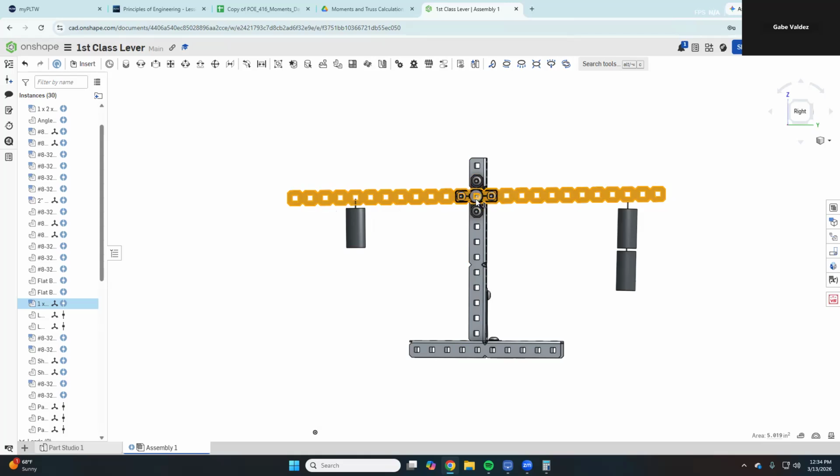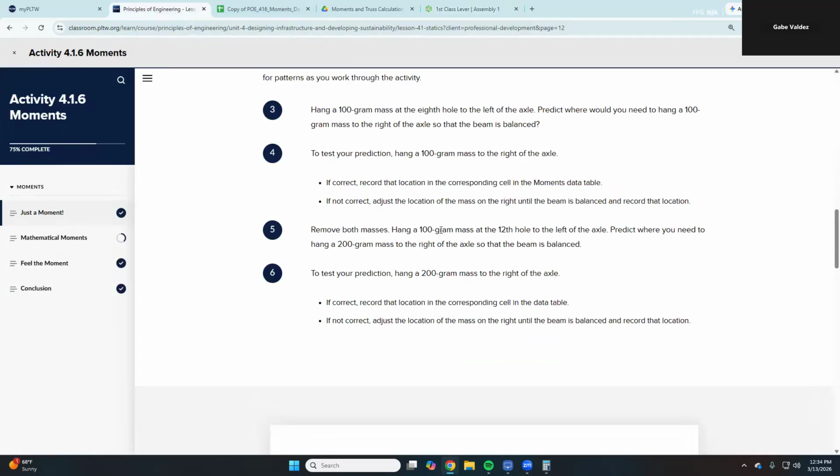So you end up with 12 holes on the left side and 12 holes on the right side. So if we're going to hang a 100 gram mass on the 12th hole on the left, where do I need to hang a 200 gram mass on the right? Well, here I have 1,200 gram holes. So a 200 gram mass on the right-hand side would have to be 6 holes away. 6 times 200, 1,200.